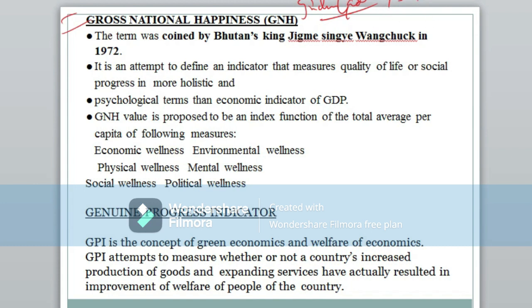And what was 72? India was having a war with Pakistan on the front of West Bengal. So the Bengal Liberation War was going on with Pakistan. In the same period, Bhutan's king gave his attempt to indicate the quality of life and social progress in more holistic and psychological terms.